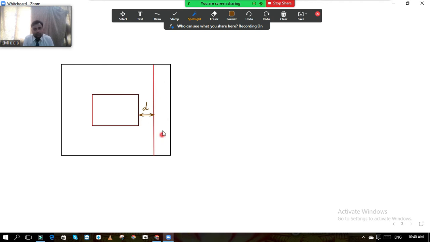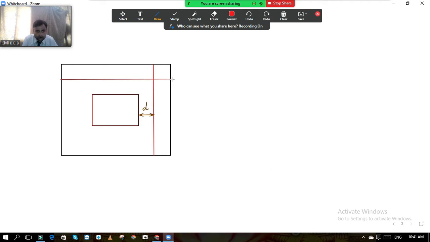Similarly, you can take this strip either on the left hand side or on the right hand side. I have taken it on the right hand side. You can also take the same strip on the left hand side, but either left or right. Then similarly again we will show one strip either on the topmost side or on the bottommost side of this column. So again I will draw at the top.